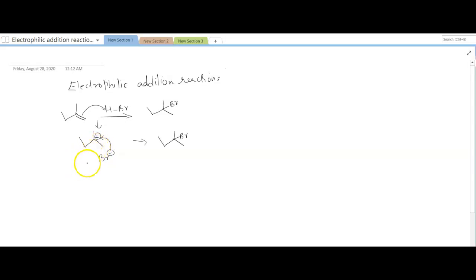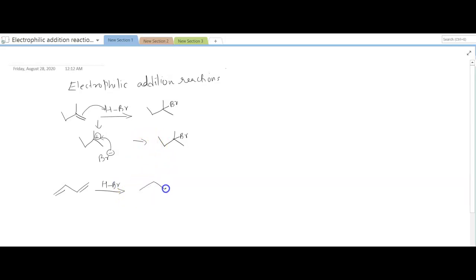Now in the case of a molecule like butadiene, which is a conjugated diene, we can do the same reaction where we treat butadiene with HBr. However, in this case, instead of one product like in the previous case, we actually get two products.